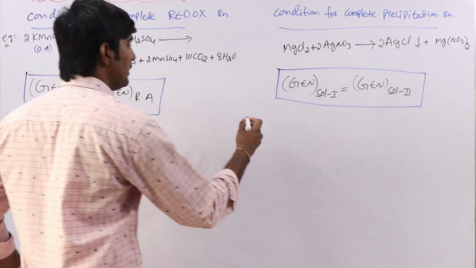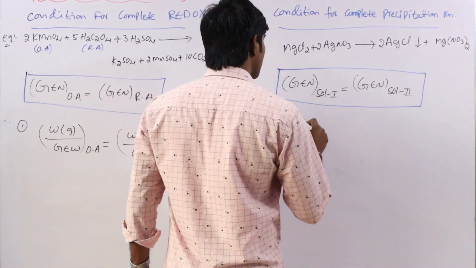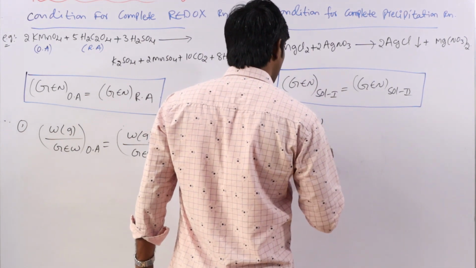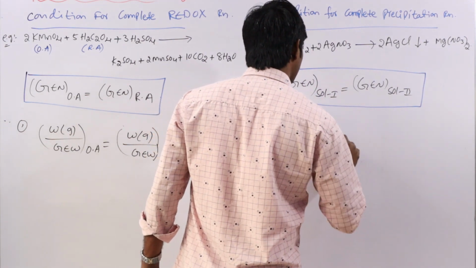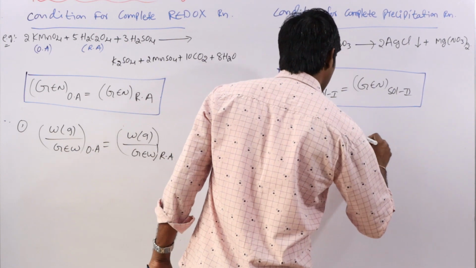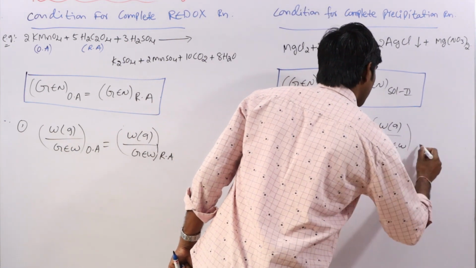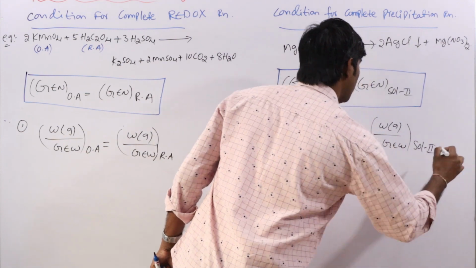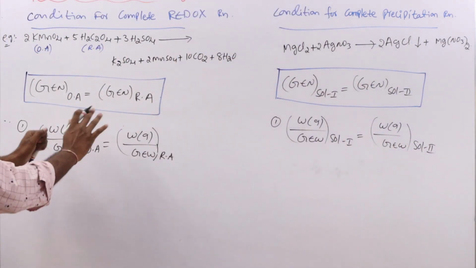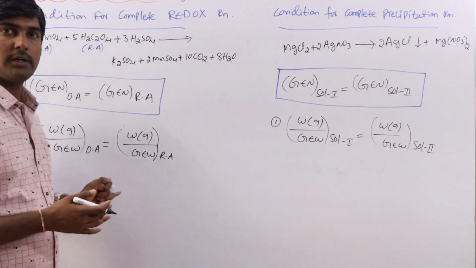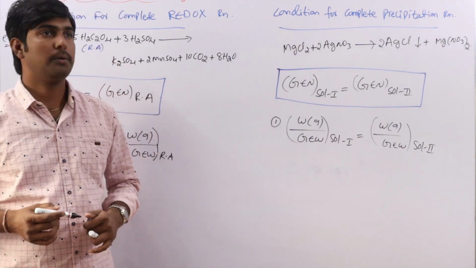Here also we can write, for example, weight by gram equivalent weight of solution 1 equal to weight by gram equivalent weight of solution 2. Similarly, all the relations also we can write, like we discussed for the acid base neutralization.